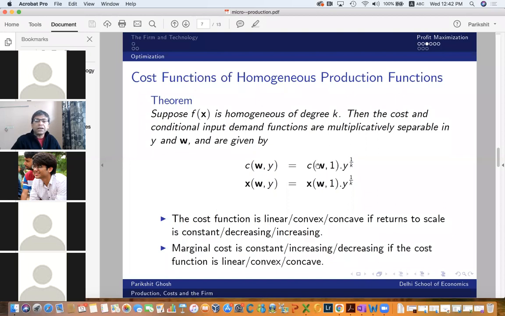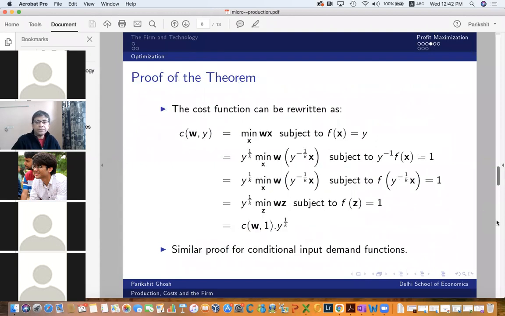The first thing only contains W, and the second thing only contains Y. Some function of W is multiplied by some function of Y to give you the cost function. For example, if the cost function was this term plus a function of Y, then it wouldn't be multiplicatively separable.